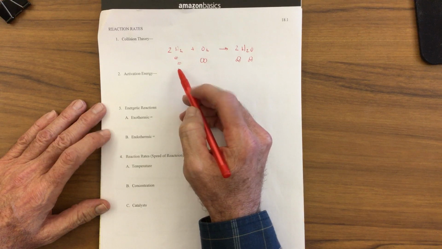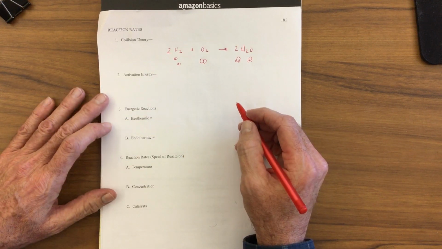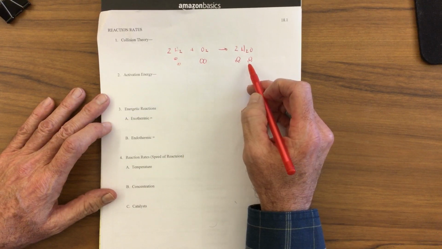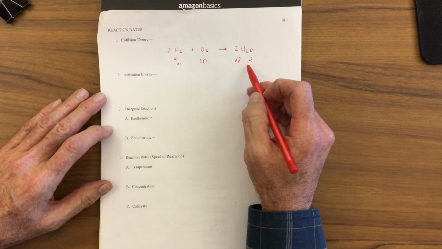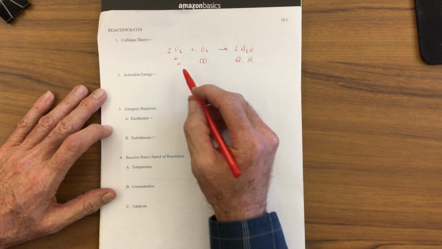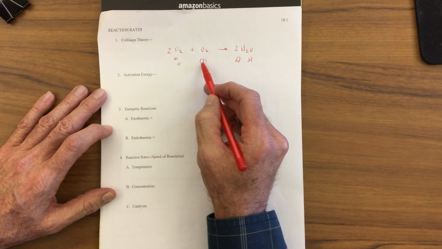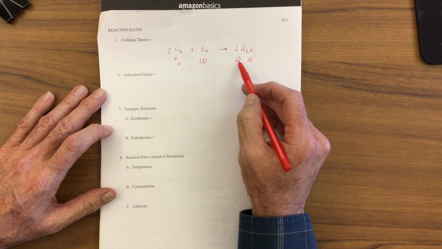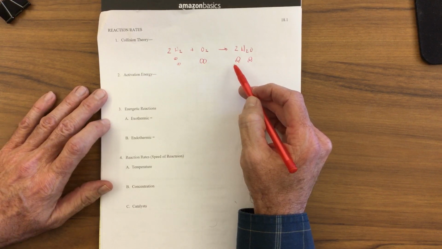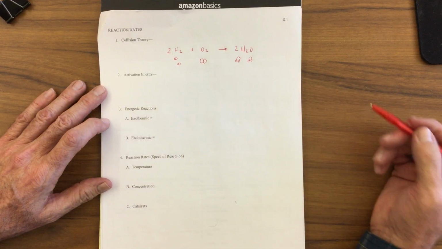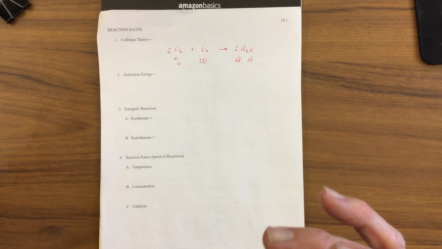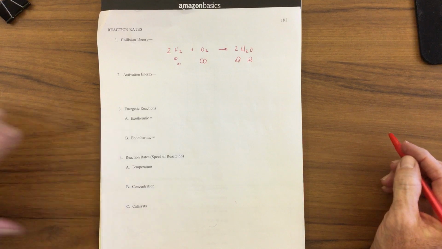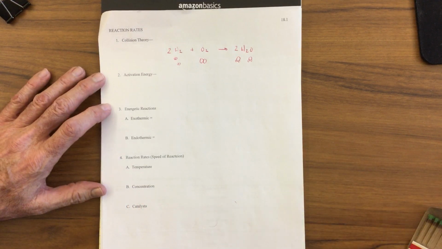Well, my starting stuff, these are my reactants, this is very different than my ending stuff, which is my products. If you take a look at this, these guys are completely separate from this, and then they are attached. So in order for chemical reactions to take place, they have to collide with each other. That's the collision theory.